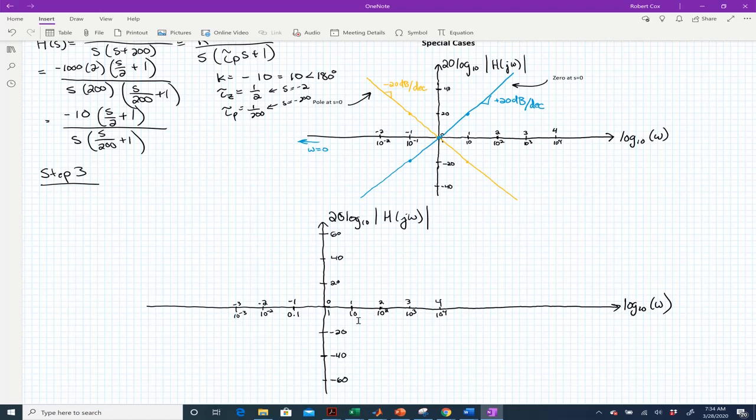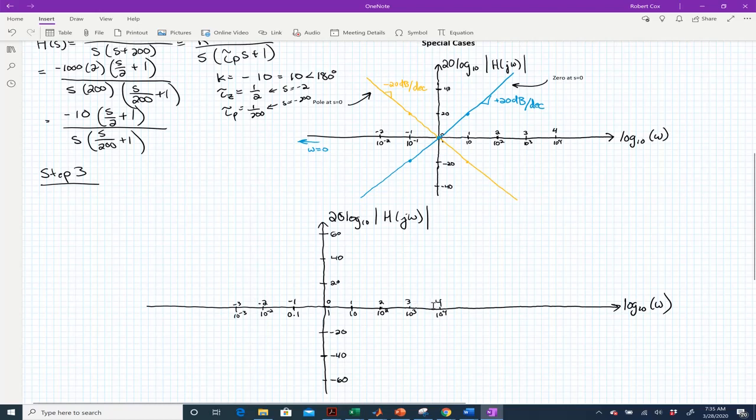The log of 1,000 is 3. The log of 10,000 is 4. The log of 0.1 is negative 1. The log of 10 to the minus 2 is minus 2. So each of these tick marks represents a decade in frequency, a factor of 10, and they are all linearly spaced on this axis.